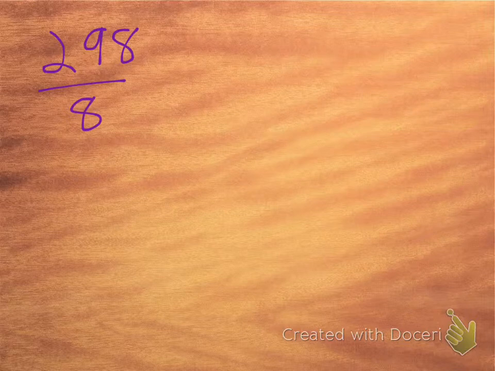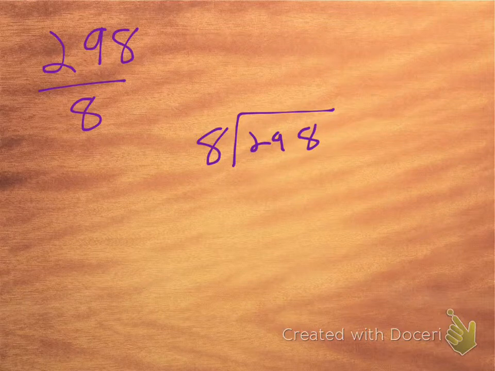So let's say we have 298 over 8. I need to see how many times 8 goes into 298. How many times does 8 go into 29? 3.